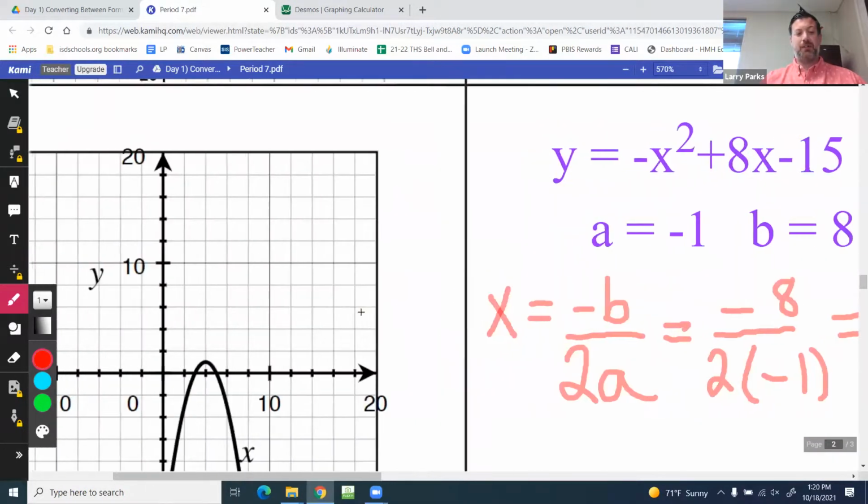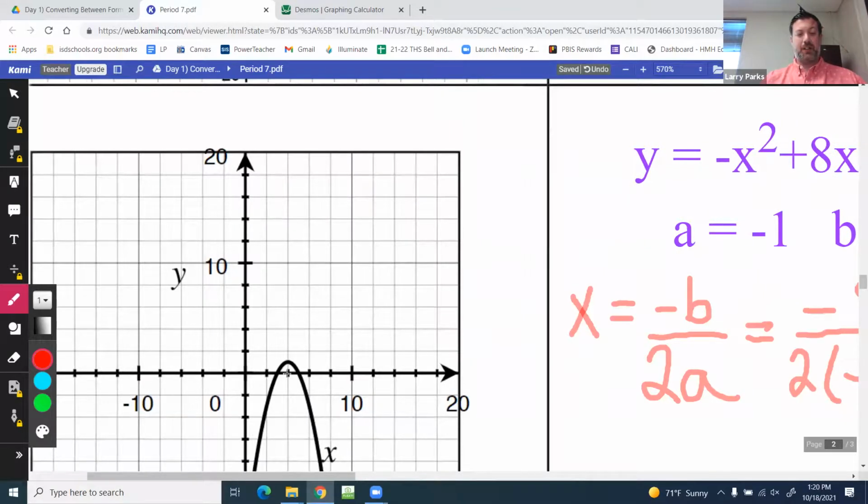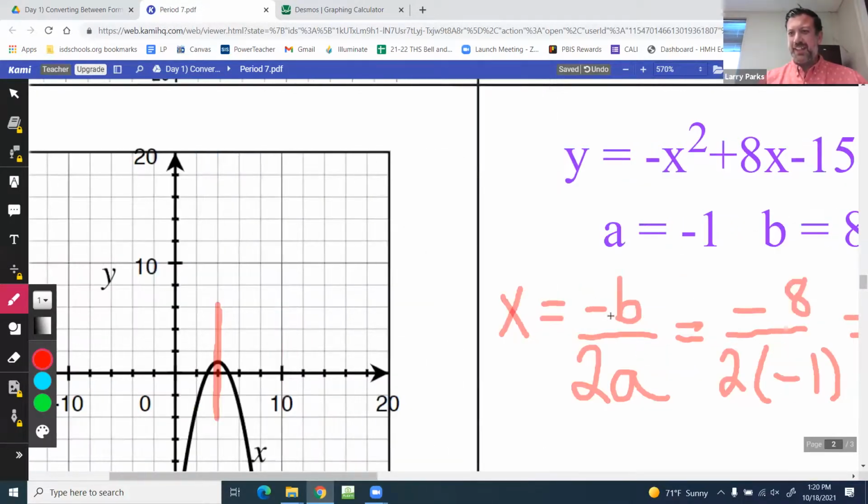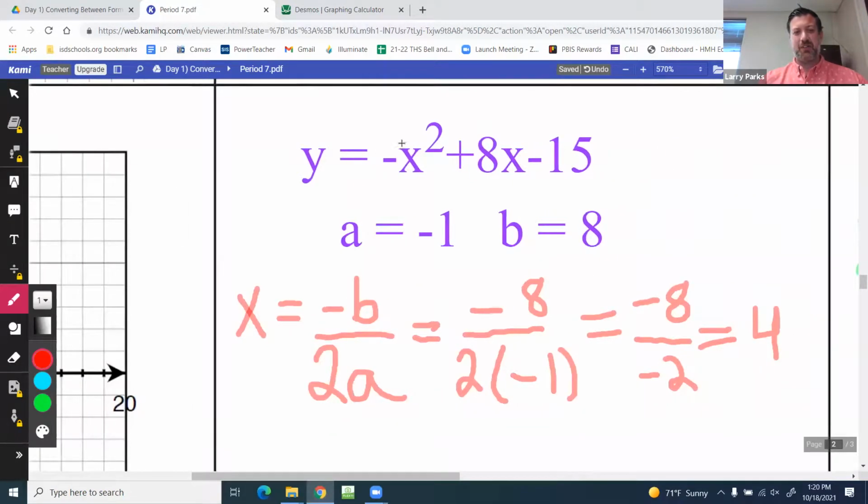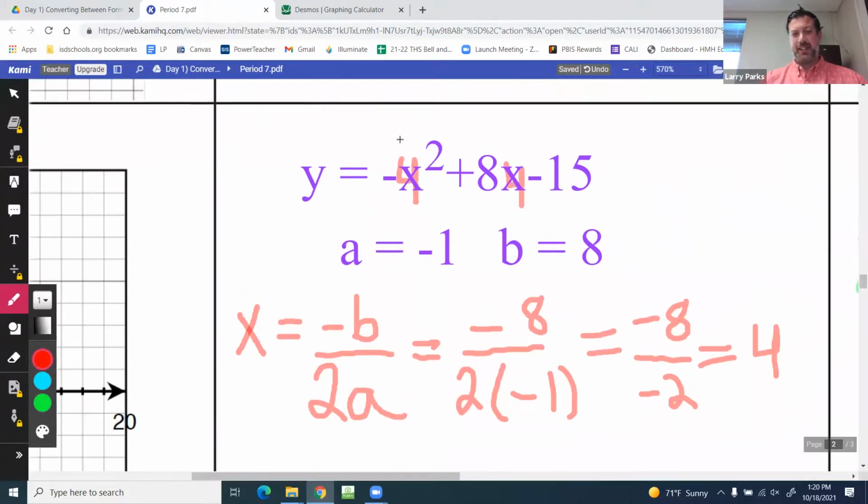So that means if I go over here to 4, the vertex should be somewhere on that line. And it is. It looks like it's 4, 1, I think. Just to make sure, you just take 4 and you plug it in here into the x. So you do 4 squared is 16, make it negative, so it'd be negative 16.